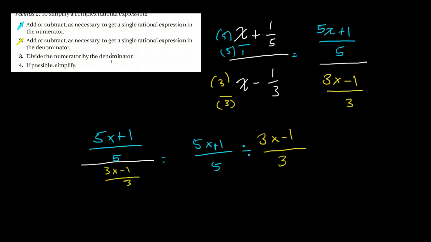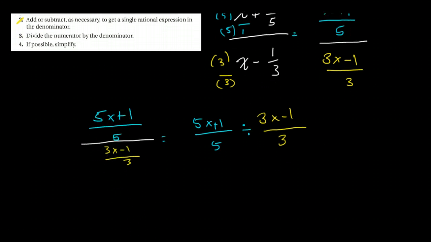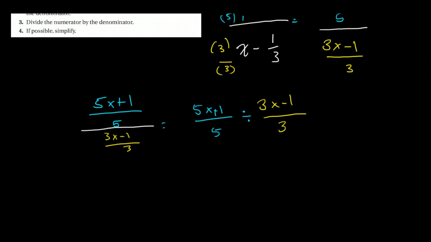Now it says divide the numerator by the denominator and then simplify if possible. So what do we know about division? Division is a fancy way of multiplying. The way to multiply with division is to take the reciprocal and multiply.